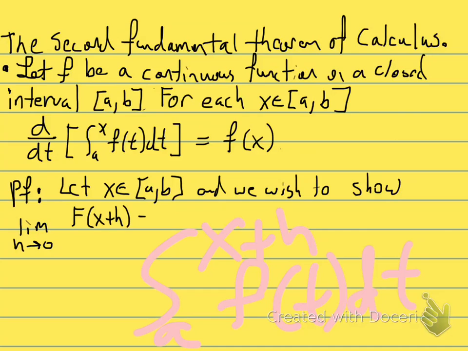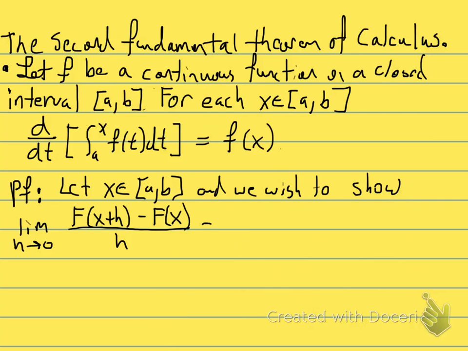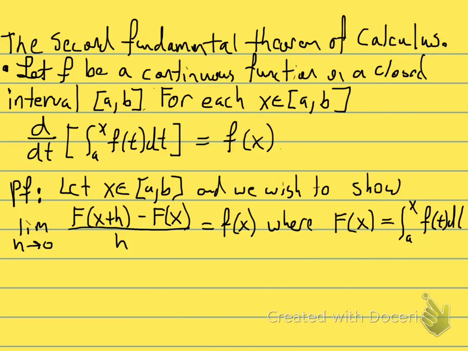Then we subtract from it F of x, and that's all over h. We're just going to show that the derivative is equal to f of x. That's what we want to show, so we're writing that down because that's where we're going. And we'll make a note that F of x is equal to the definite integral from a to x of f of t dt.